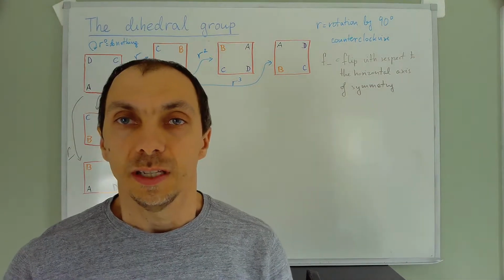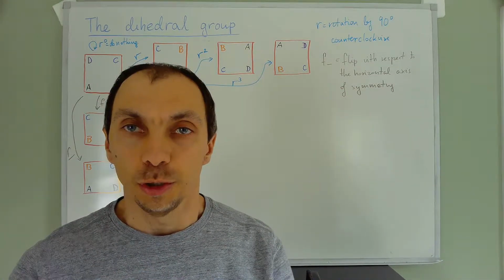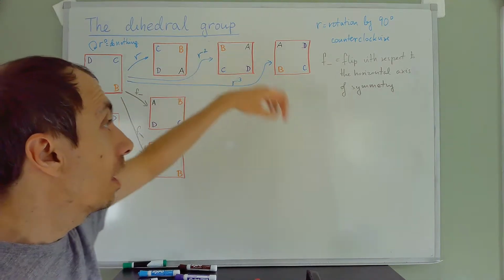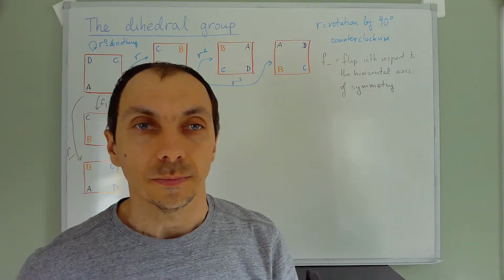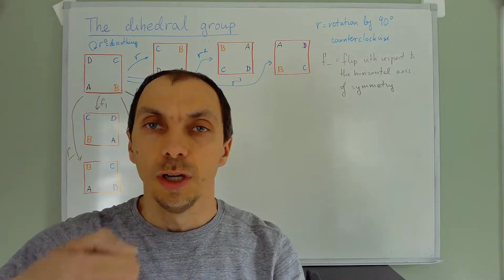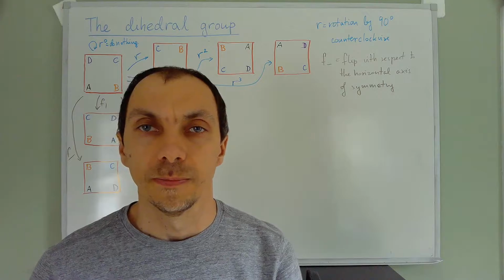Okay, so what is a symmetry then? From that point of view, it's a function. It's a function on the vertices of the square. So it takes the vertices of the square and somehow changes their positions.